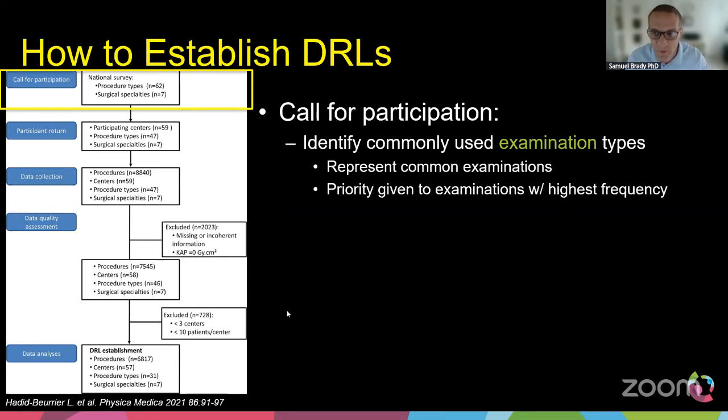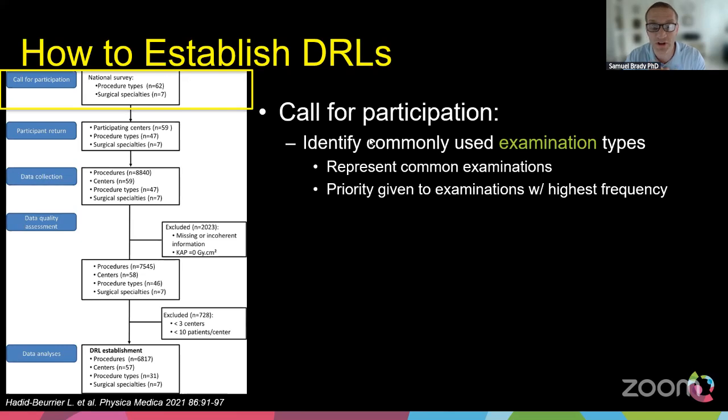Now that you have called for participation, you need to identify your national NDIR. They need to identify common examinations that they're going to collect. On my CT scanner, I have something like 220 exams. We don't need to collect all 220 exams to set up for DRLs.